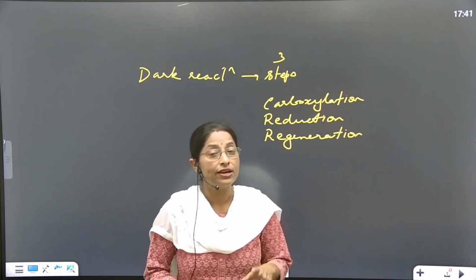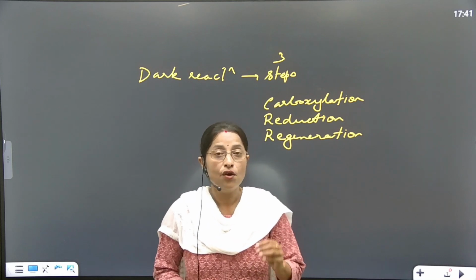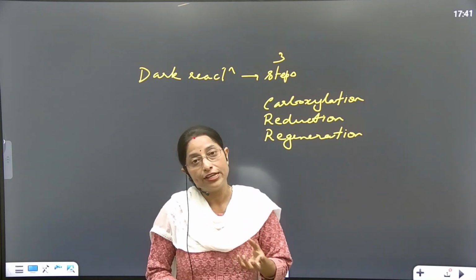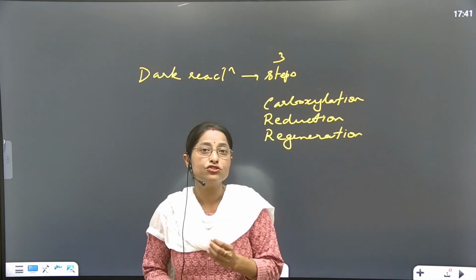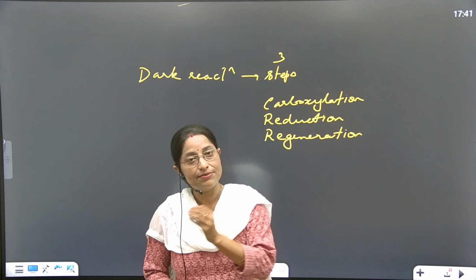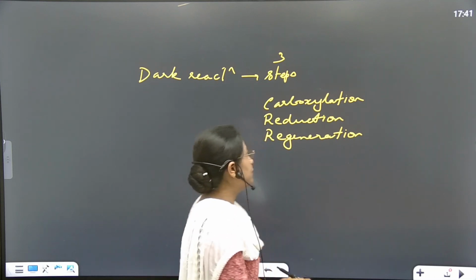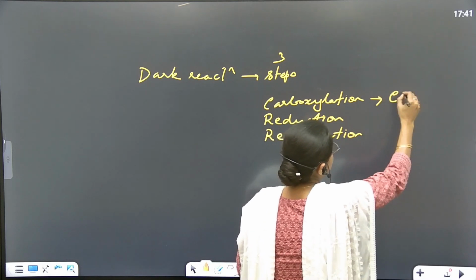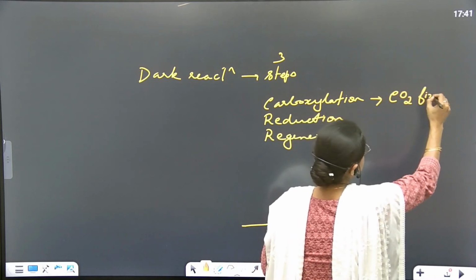And when we are talking about fixation of carbon dioxide, obviously atmospheric carbon dioxide would combine with a molecule, a ribose sugar that is present inside the cell. They will combine together and ultimately the reaction would start. So whenever we are talking about carboxylation, we understand nothing but carbon dioxide fixation by the plant.